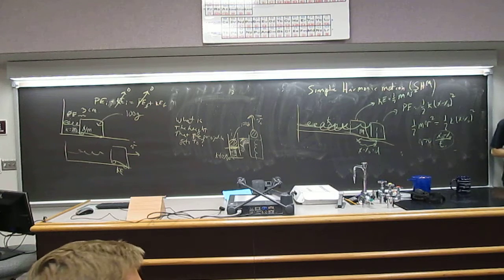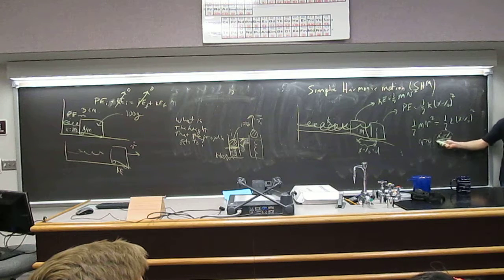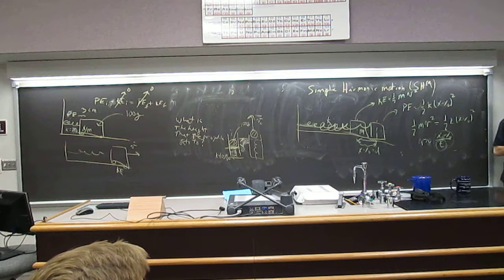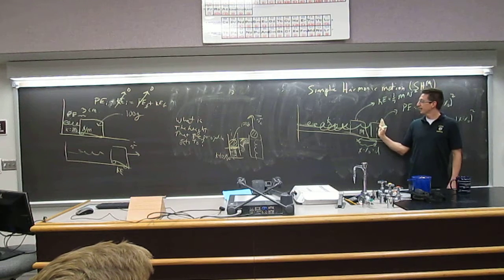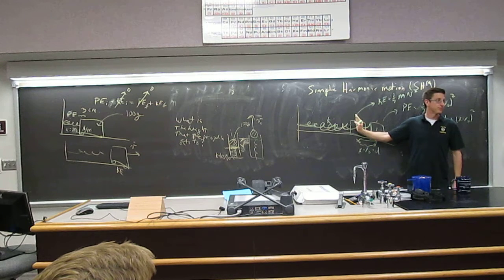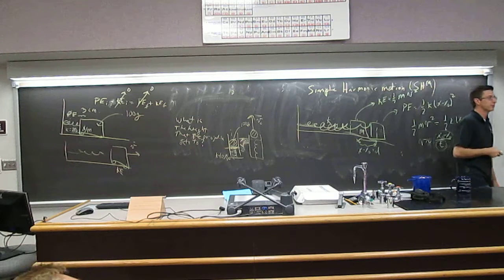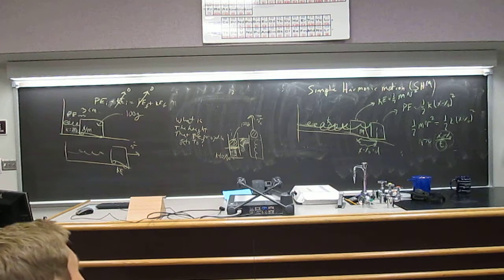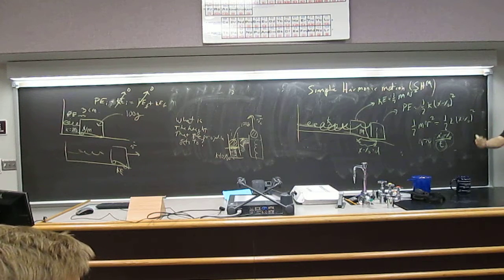I haven't done anything with this time yet. I'm just indicating that we have a velocity that's a distance over a time. So, if it takes a time t to go from here to here, the average velocity would be this distance divided by the time it takes to go from there to there. Okay? So maybe this t, you can say, is the time to go from its maximum position to the equilibrium position.